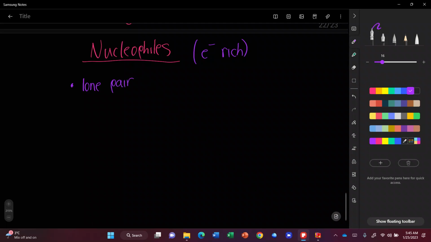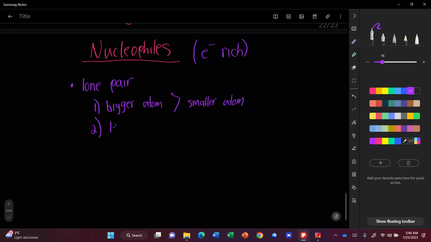Now, nucleophiles can come in a range of strengths, right? You can have strong nucleophiles, weak nucleophiles. So let's talk about this. So a lone pair is going to be a nucleophile, okay? However, a lone pair on a bigger atom is going to be stronger than a lone pair on a smaller atom, okay? Right.